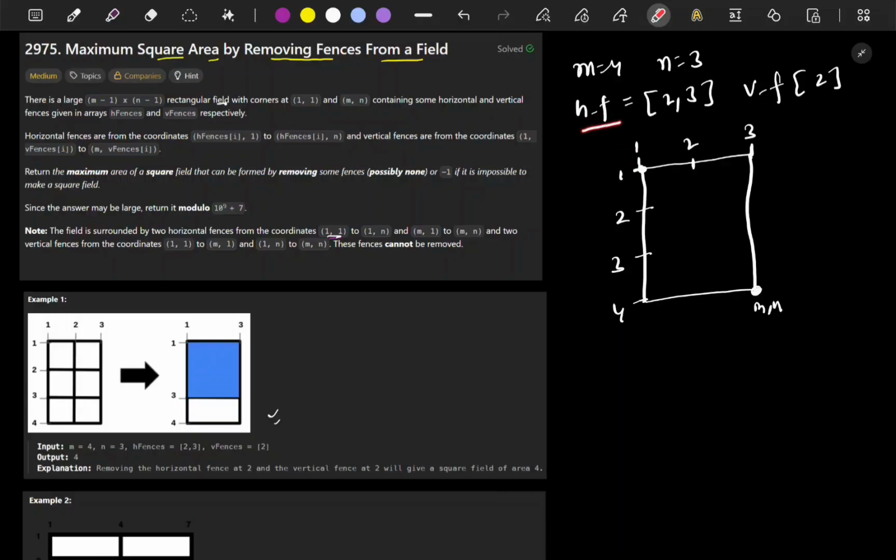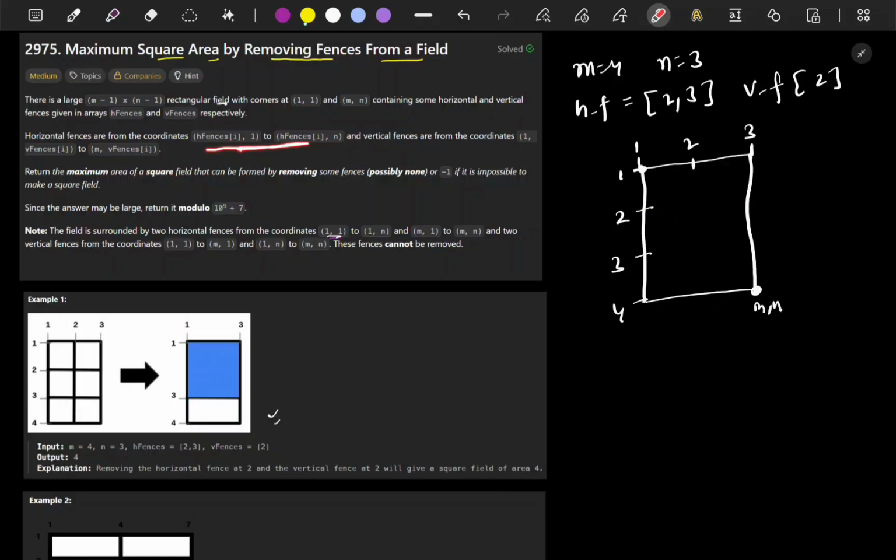We are given horizontal fences and vertical fences. Horizontal fences means horizontal fences at 2 and 3. How are we saying 2 and 3?